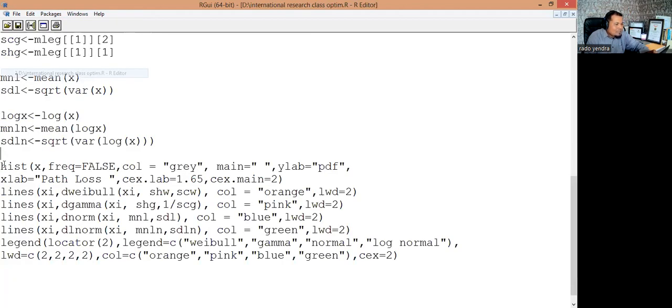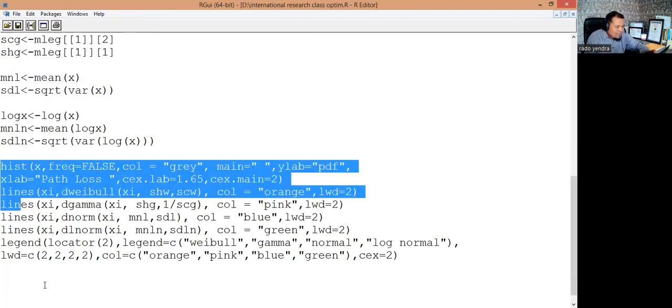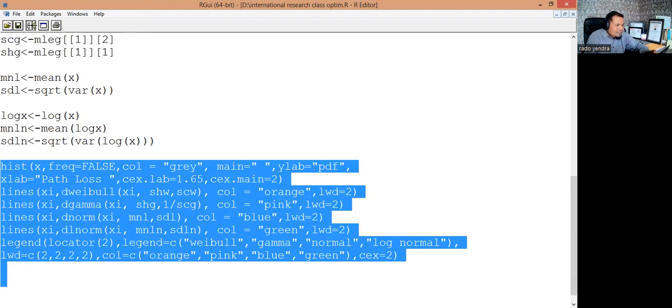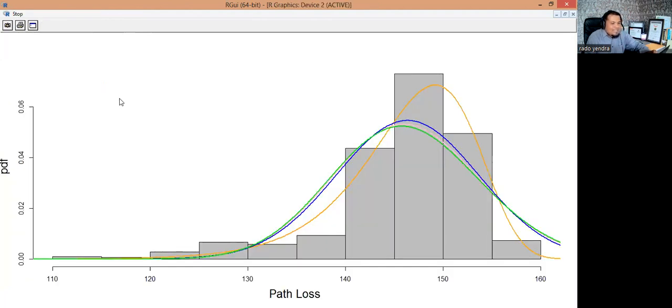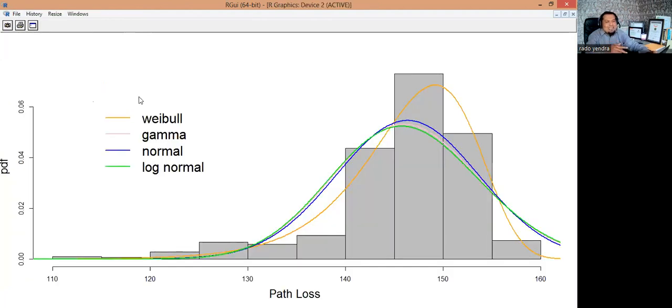Like this, you run your program here, and you can check. I think it is a very, very nice figure. You can see that the orange one is for the Weibull distribution function, the pink one for the gamma, the blue one for the normal, and the green one for the log normal.